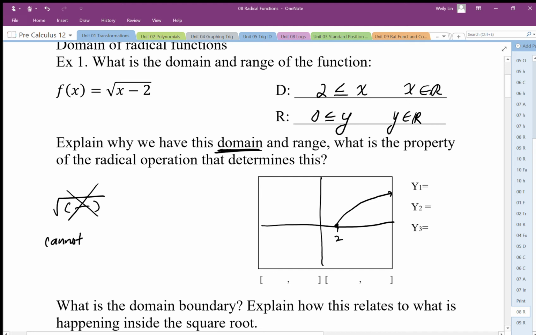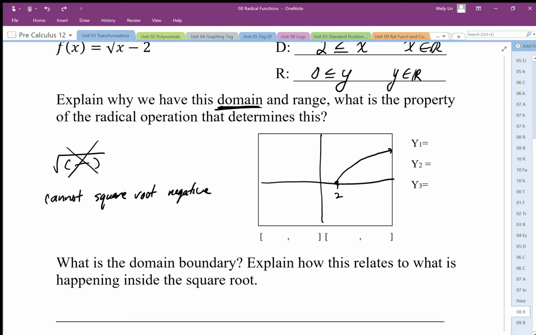So that's a property of this function that's causing the domain to look like this. Anything inside that's negative, we cannot square root, so all the x values from here that way, no go. We can't have any of those.